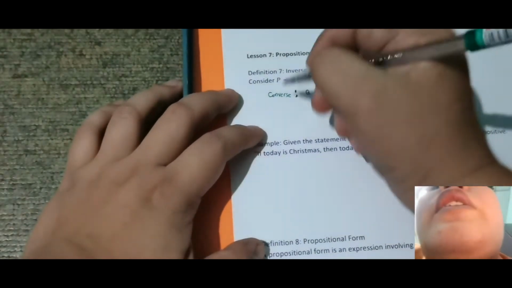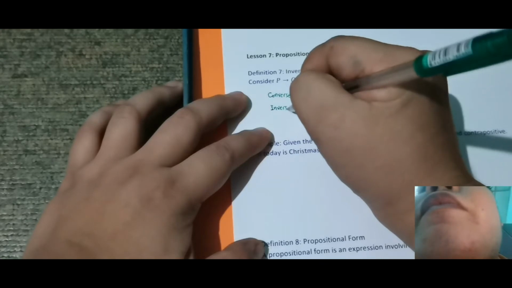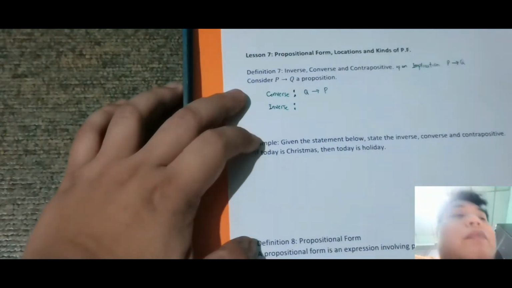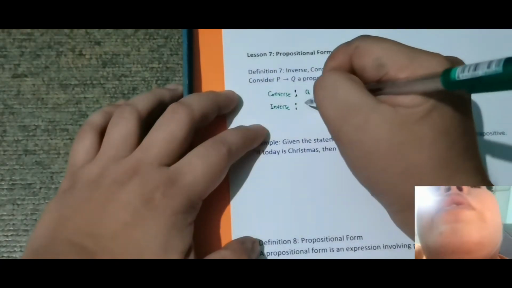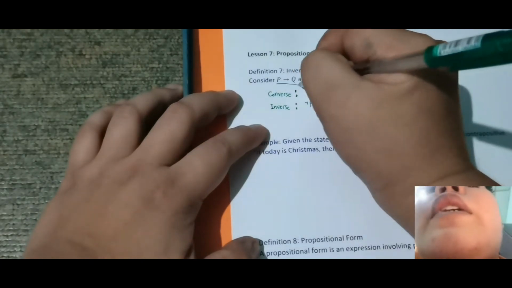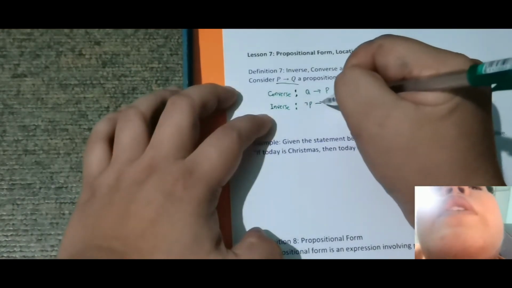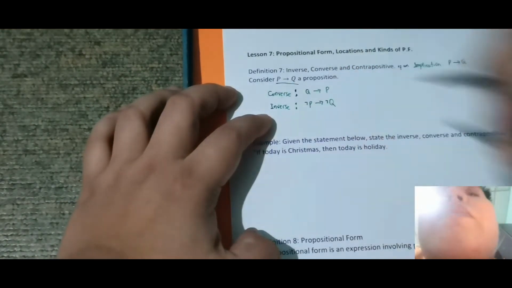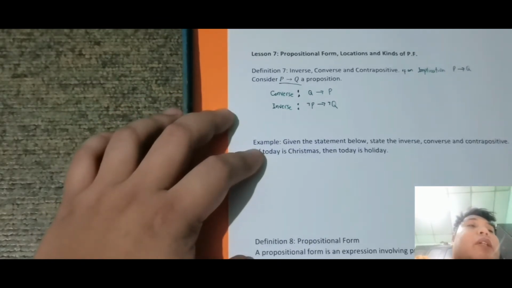So next is inverse. Okay, so ang inverse naman is inanigate ko yung premise. So ito pa rin yung basis. Ang inverse ng P implies Q is not P implies not Q. Okay, so inanigate ko yung premise at yung conclusion.